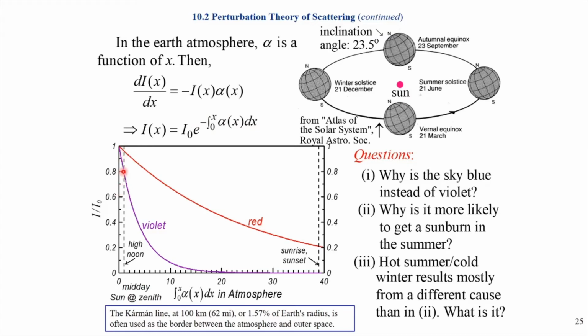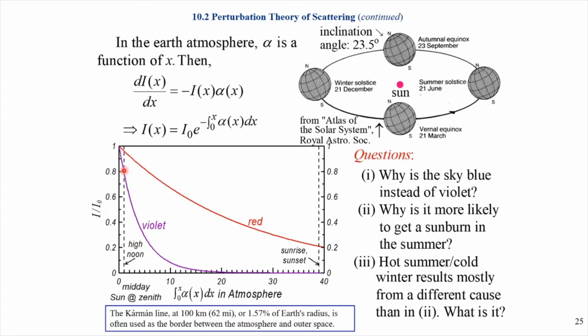Therefore, at midday, high noon, we will receive many scattered violet and blue light, but our sun radiates less violet compared with red.